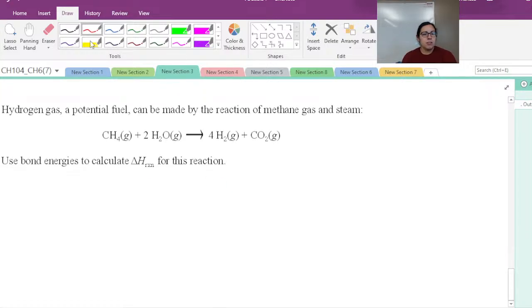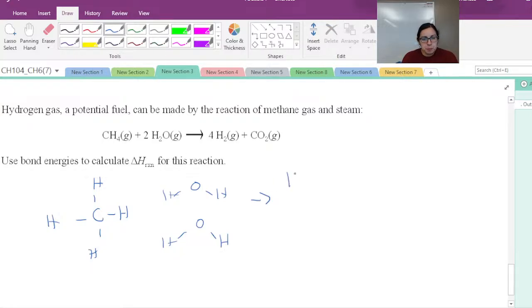Like I said, we'll do this together right now. For doing these problems, it might be good just to start off with writing out what is even happening, so you can really visually see what's being broken, what's being formed.